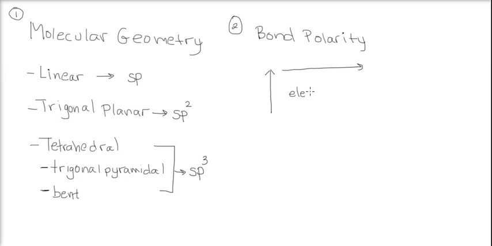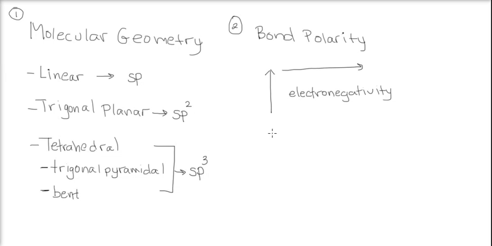This is the general trend in electronegativity, and there are many charts and tables that give you the specific electronegativity values of elements in their periodic table form. But this is not absolutely necessary, because all you really need to know is the general trend.